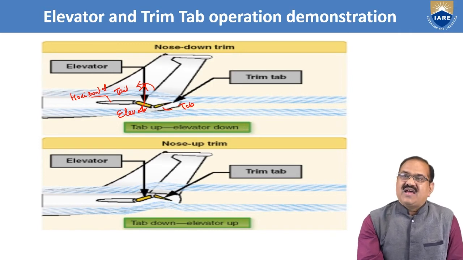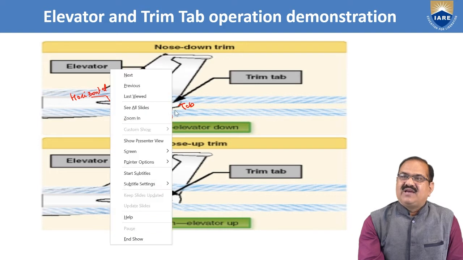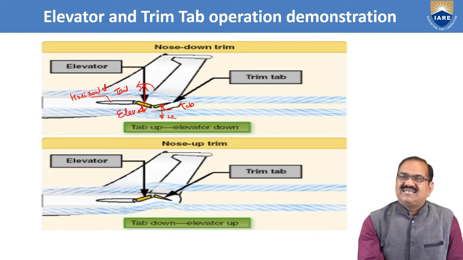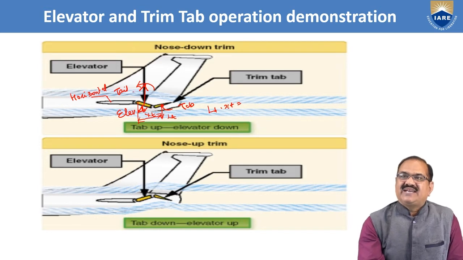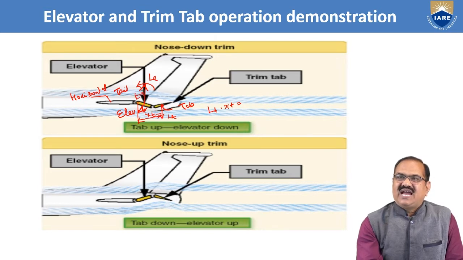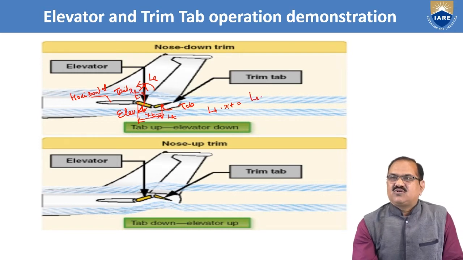So when the trim tab goes up, it will generate a lift in this direction. I am marking this lift as LT. This LT into XT, the hinge moment, should be equal to LE into XE, where LE is the lift on the elevator and XE is its moment arm.